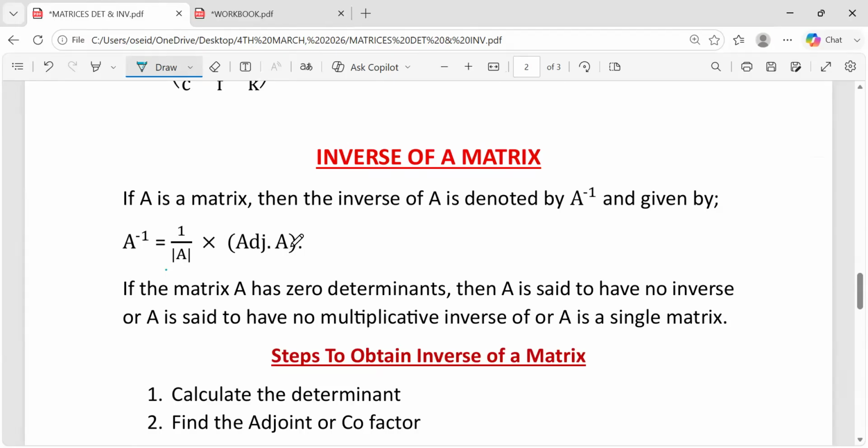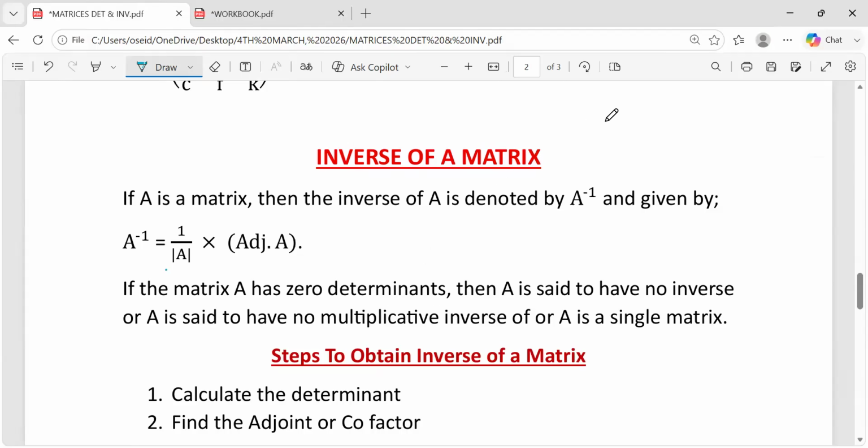Alright. So we say that if the matrix A has 0 determinant, then A is said to have no inverse, or no multiplicative inverse, or A is a singular matrix.